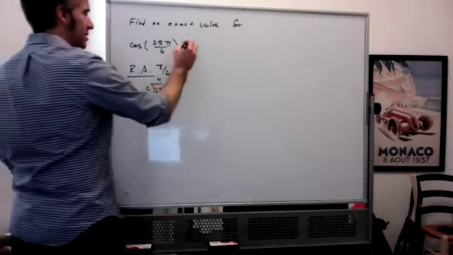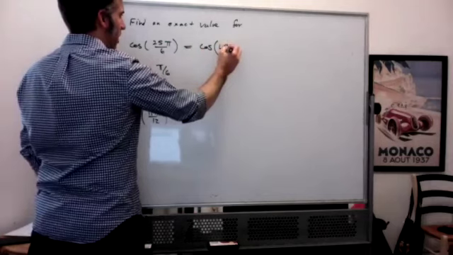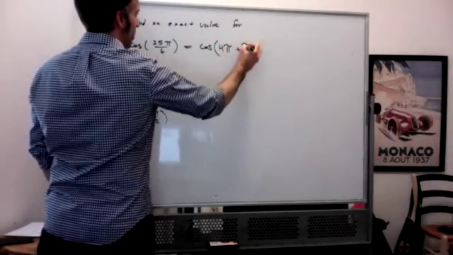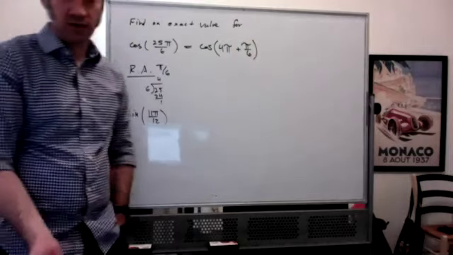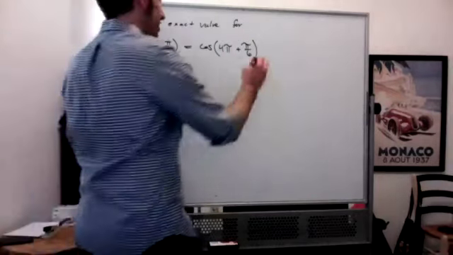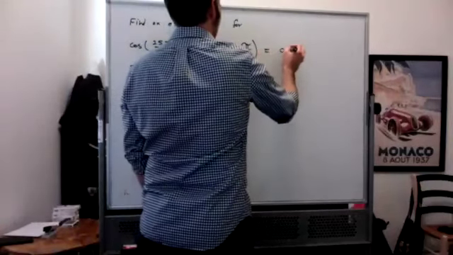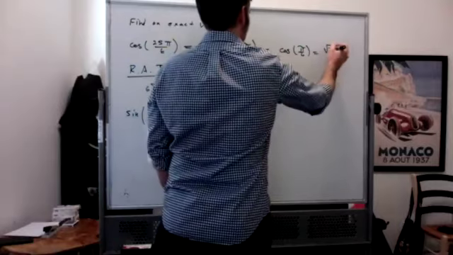So this is the same as cosine of 4 pi plus pi over 6. But 4 pi is 2 full revolutions, which gets you back to the same spot. So this is going to equal cosine of just pi over 6, which is the square root of 3/2.